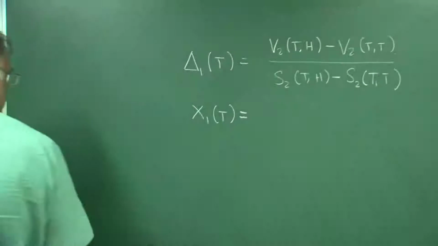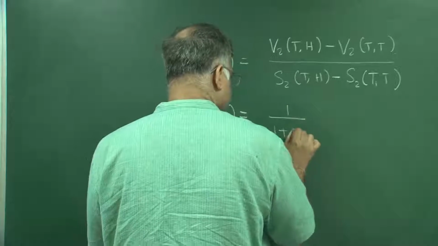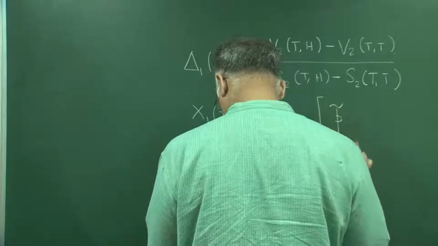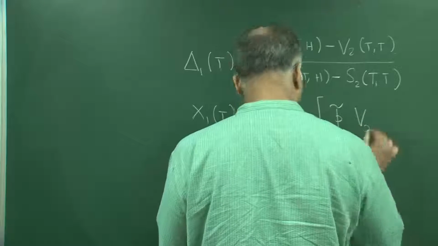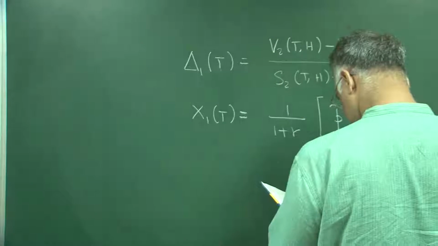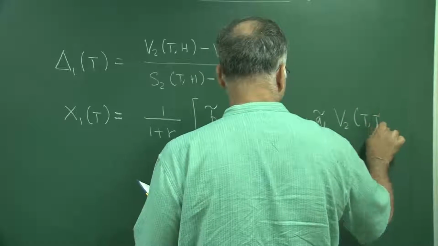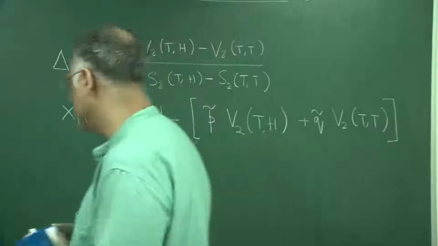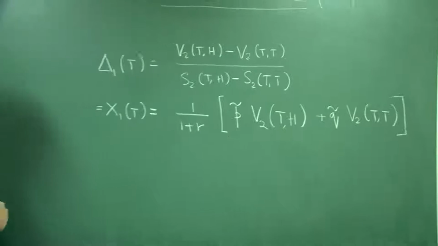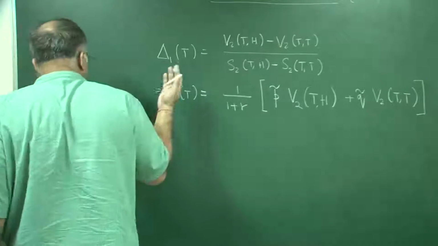So, X1T is 1 by 1 plus R, again the expectation in terms of the risk neutral probability, P tilde V2 TH plus Q tilde V2 TT, because V2 and X2 are the same, and this is exactly equal to your V1T, that is the worth of the option at time t equal to 1.